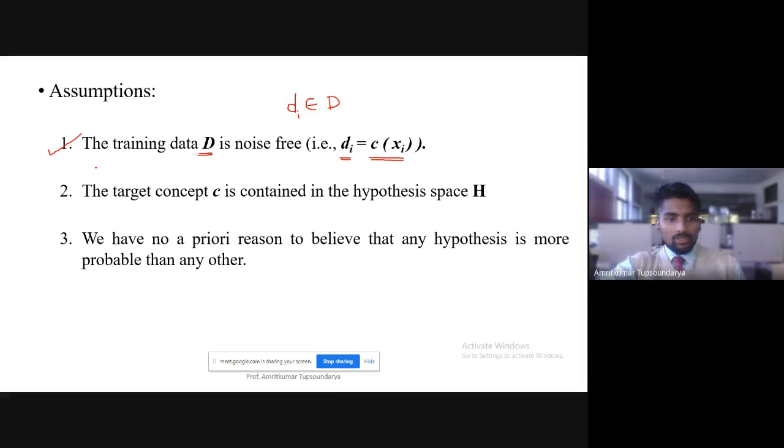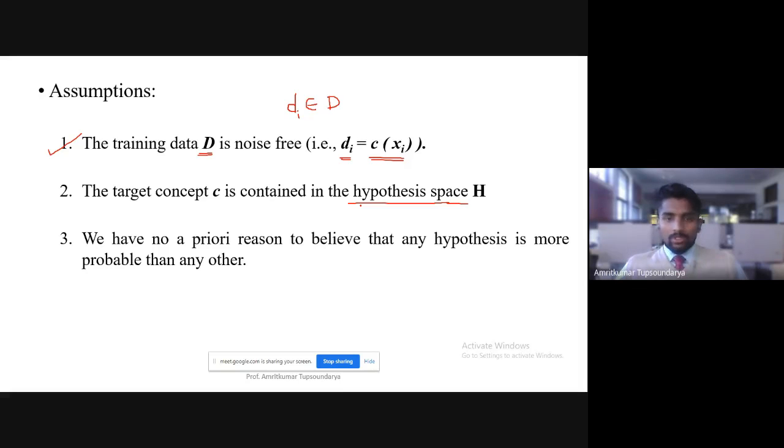The second assumption is that the target concept c is contained in the hypothesis space. So we are simply assuming that whatever output we are targeting is present in the hypothesis space. The hypothesis space is nothing but the collection of hypotheses that we have, and out of these, one hypothesis will be our target concept c.